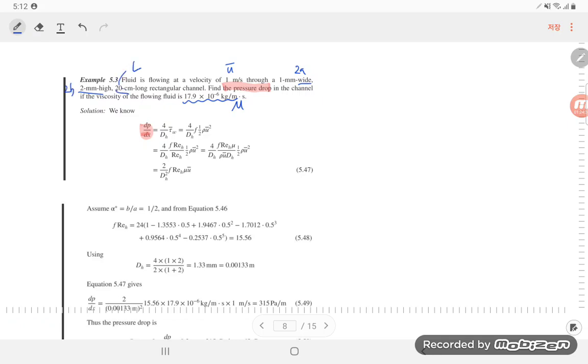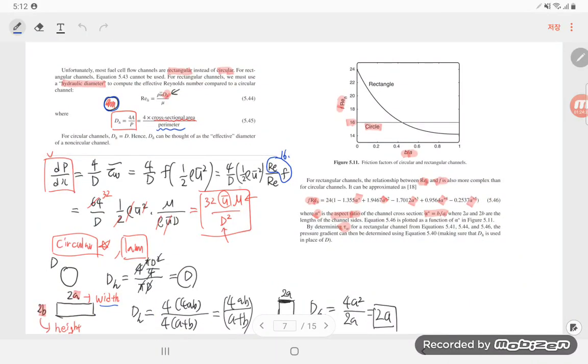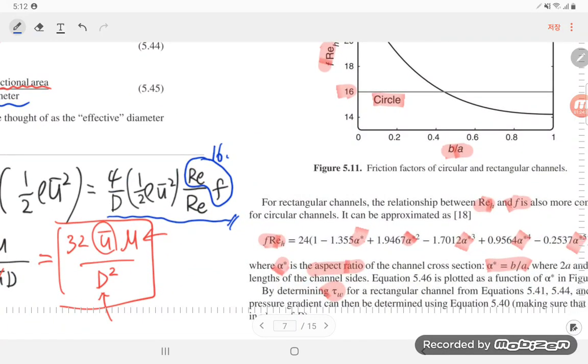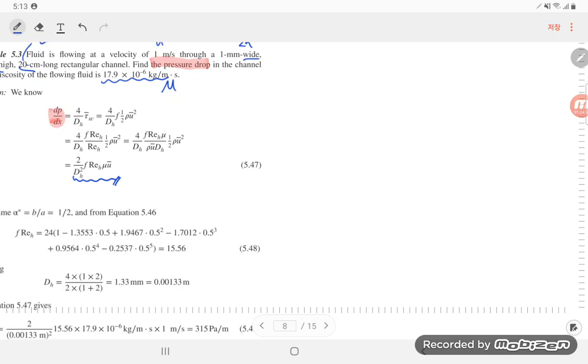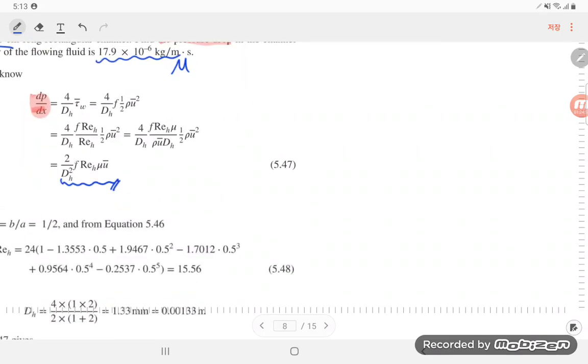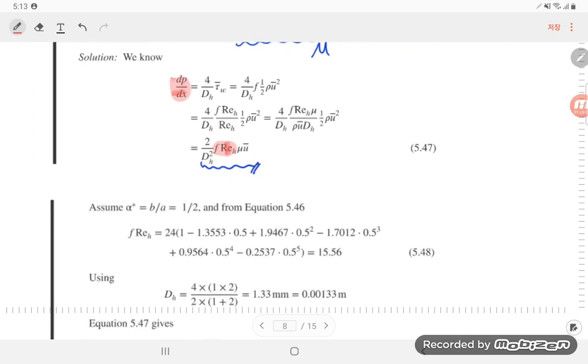And this is the length L. Okay, from the start, from these relations, because we already know that f times Reynolds number for the circular channel has a constant value, but it is not the circular channel anymore, so it is just a rectangular shape. So we should use this relation to solve this problem. So from the start, this one, we already derived this one. f Reynolds number should be achieved.